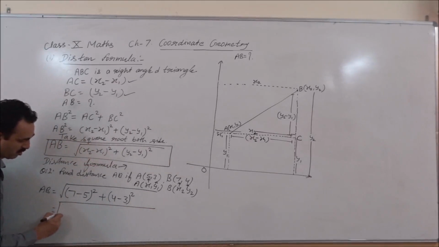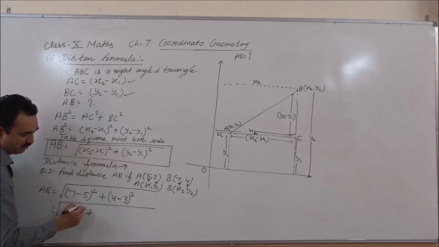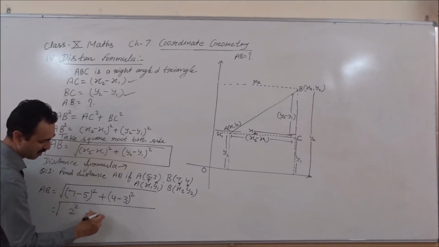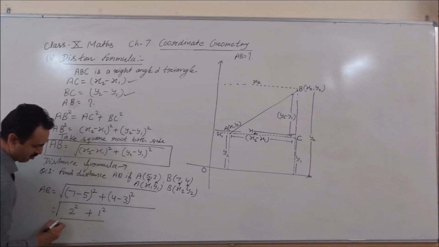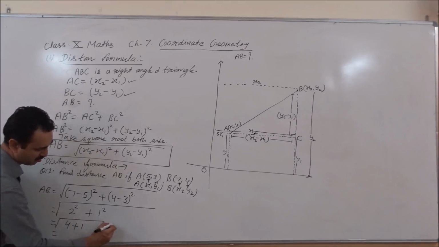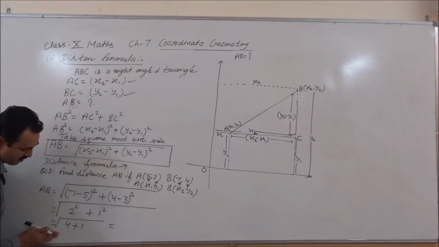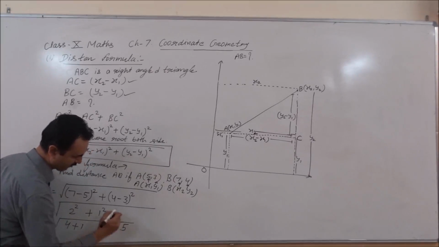Now we will solve this. 7 minus 5 is 2, 2 square, plus 4 minus 3 is 1, 1 square. Very easy. 2 square is 4, 1 square is 1. I am writing here, maybe it is not visible, so 4 plus 1 is 5.